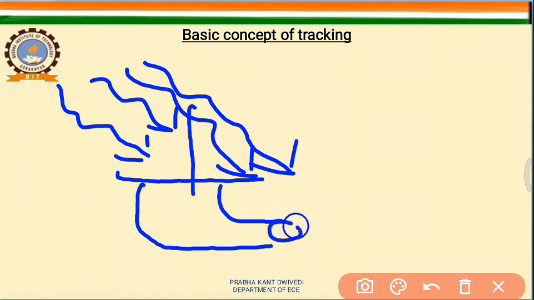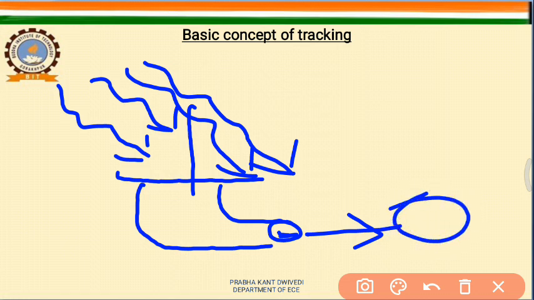A comparator will generate the difference of these two currents, and this current is given to the controller. The controller will control a motor to rotate the solar plate.